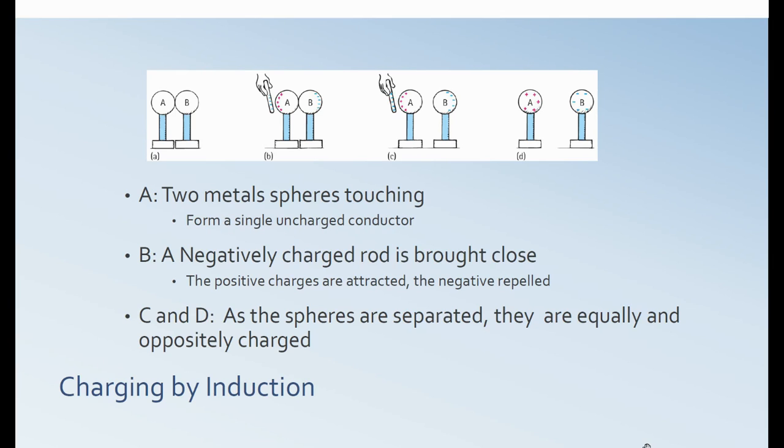We see all the positive charges being attracted to the rod, so they're kind of moving to sphere A. And then the negative charges are repelled by the negatively charged rod, so they'll kind of move to the other side of sphere B. And then as we start separating these spheres, now they're not touching, and we have all the positive charges in sphere A and all the negative charges in sphere B. We have equally and oppositely charged our spheres.